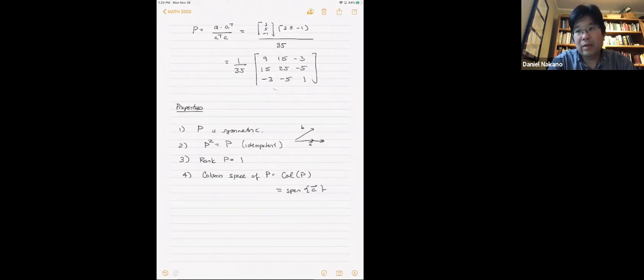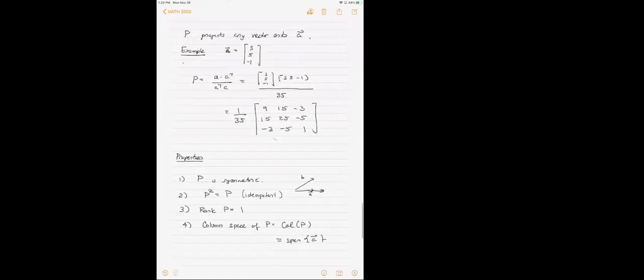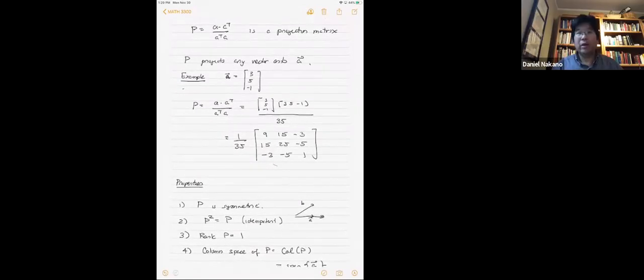I had one more question about getting the matrix above there. So we multiplied each element by 3, 5, minus 1 to get the matrix. Yes, that's right. You're taking the first row and then you dot it with each entry. So I take the 3 and take the product with 3, with 5, and then minus 1. It's a one by one matrix in the numerator.